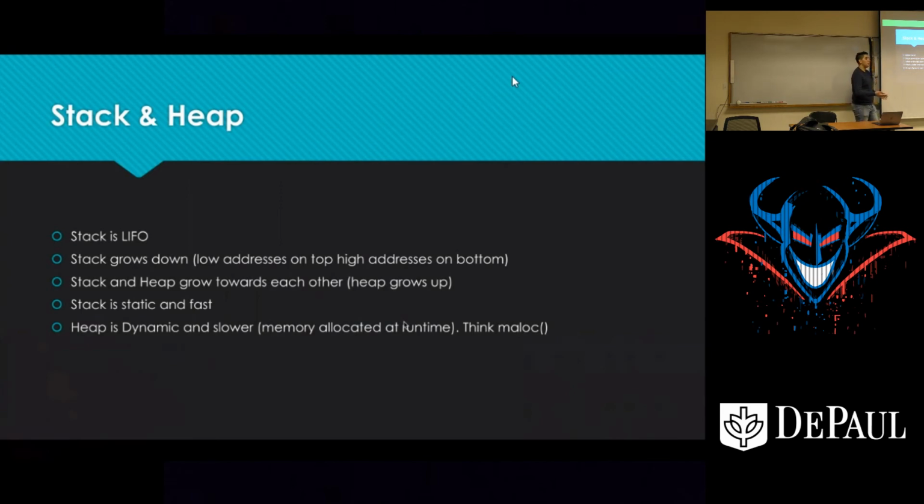So when you think of the stack growing downward, every time you push an instruction onto the stack, before the preceding instruction can be called, the current instruction has to be called off the stack. So you layer it down, and in the order they were layered down, the last one that was added has to come out before the one before that can be called. So the stack goes downward, so that means lower addresses are at the top, higher addresses at the bottom.